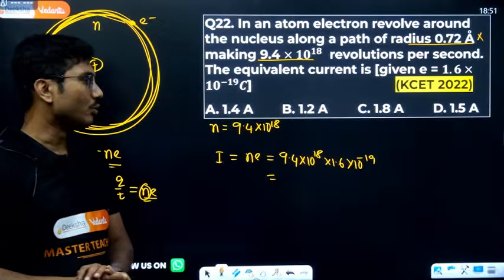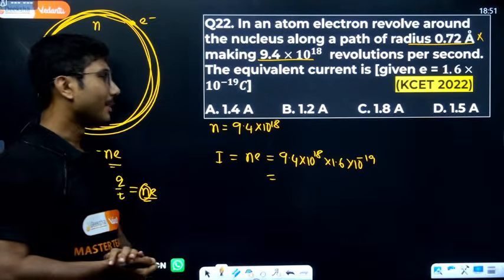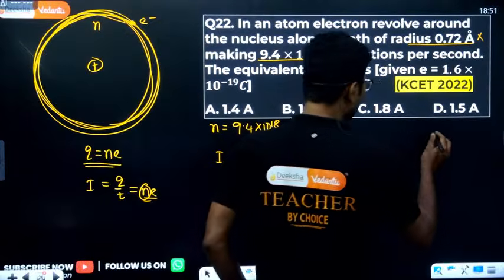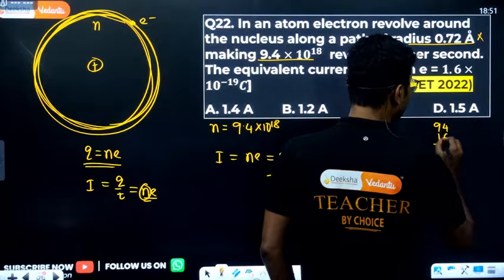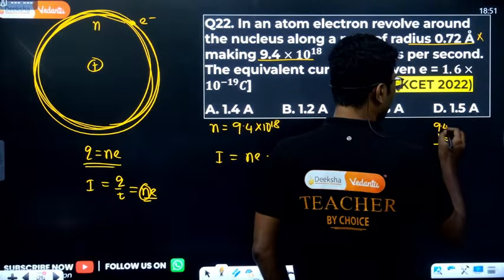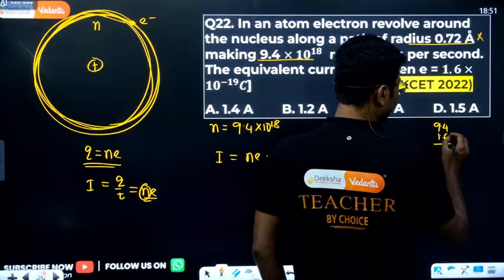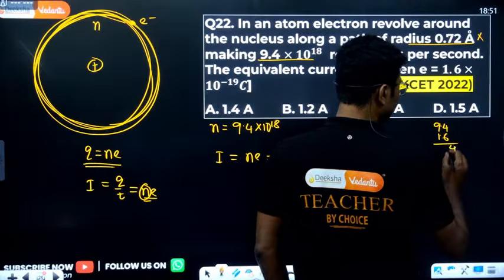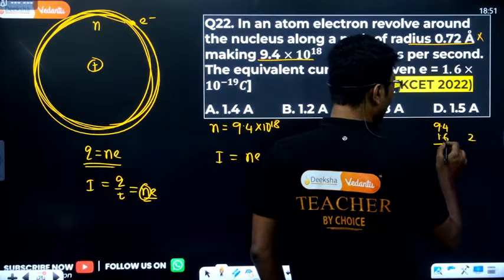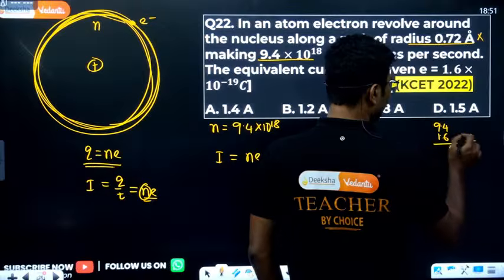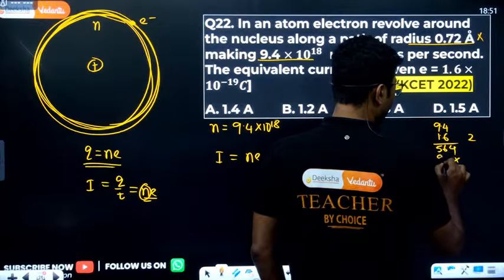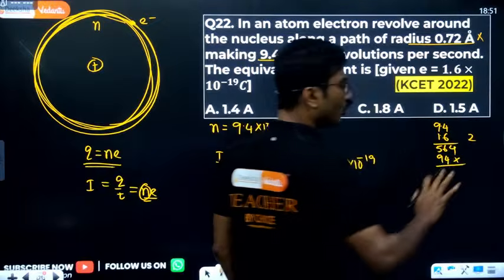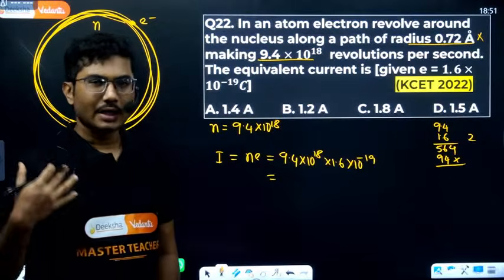There are a few ways to approximate that as well, but anyway, let's simplify. 94 into 16, obviously 2 decimals are here. 4 sixes are 24, in hand we have 2, 54, 56, okay, 94. So use the old school method if you are running out of options.